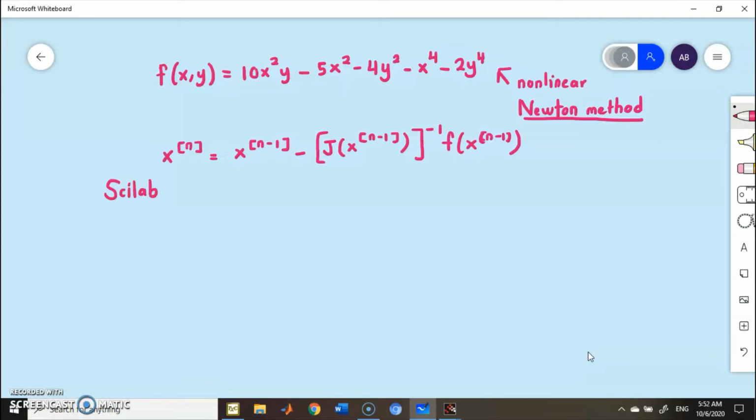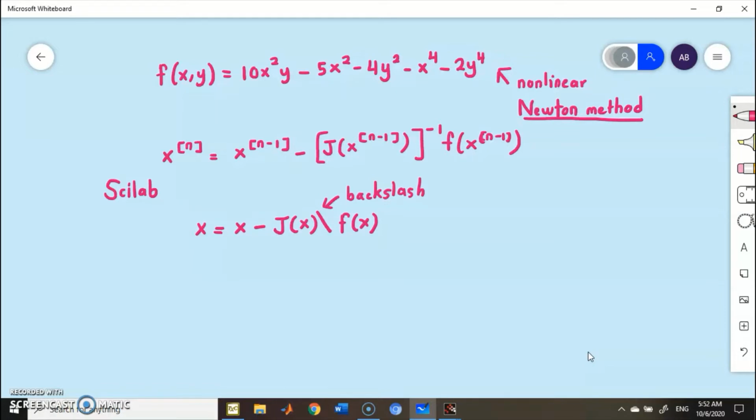So it's as easy as this: minus Jacobian of x, backslash f of x, which is similar to this inverse notation.